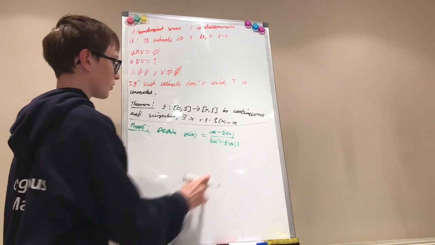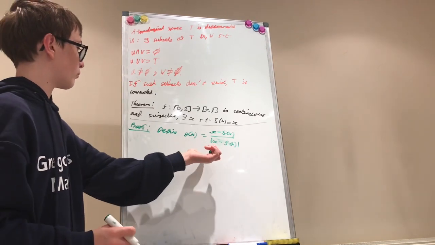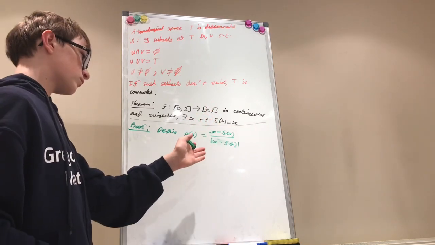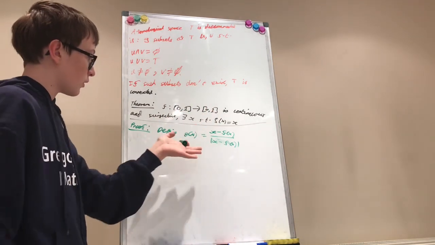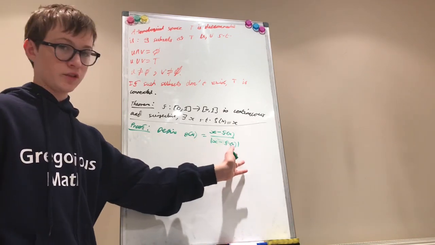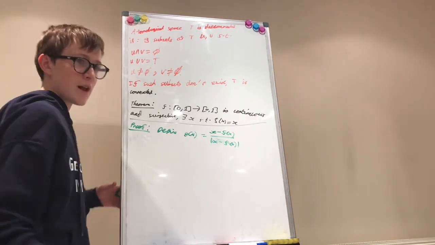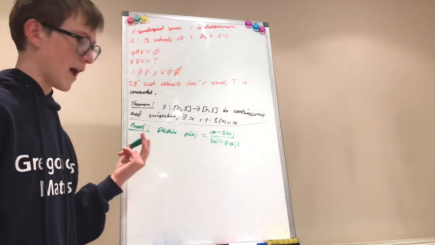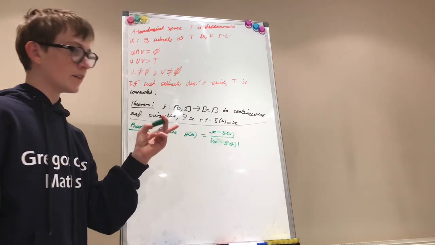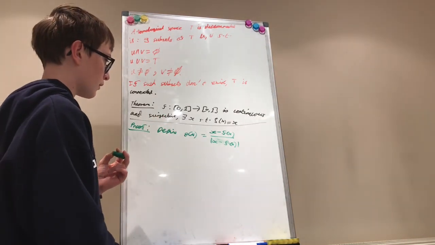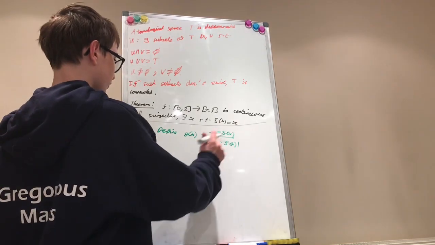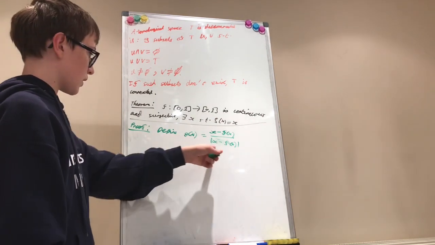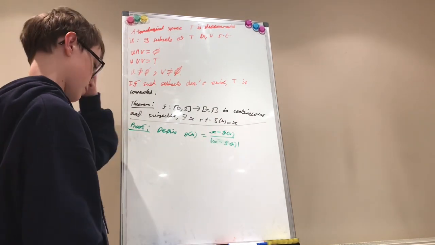And this is possible because f of x is never equal to x, if this is not true. So we're assuming this is not true, so we can define g of x as such. Now, g of x is continuous because f of x is never equal to x, right? And it's surjective. So this g of x maps onto the zero sphere.